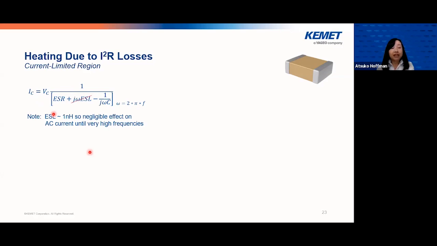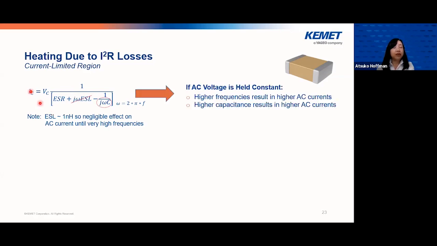If you look at this formula and hold AC voltage constant, what you see is that a higher frequency results in higher AC current, and a higher capacitance results in higher AC current.